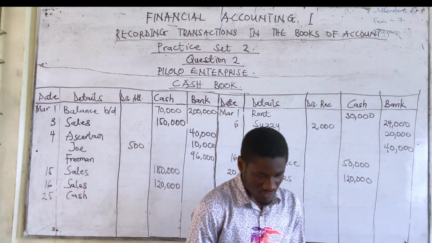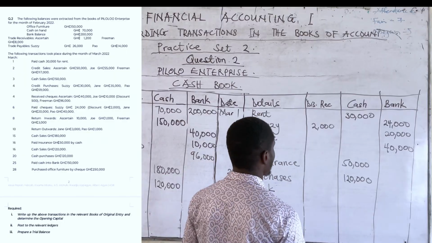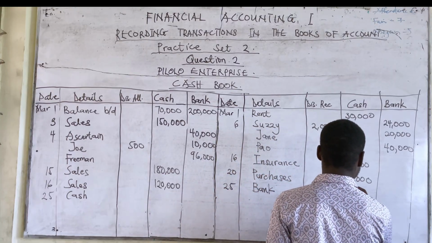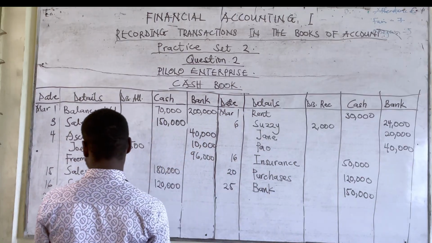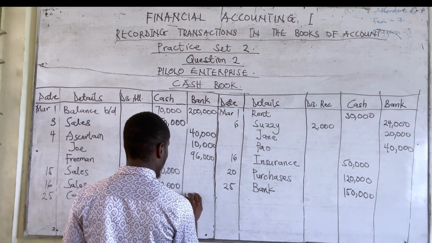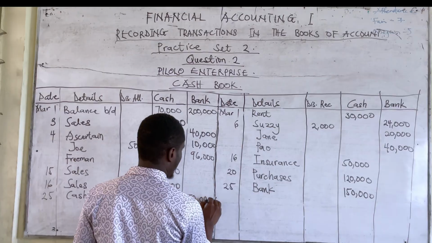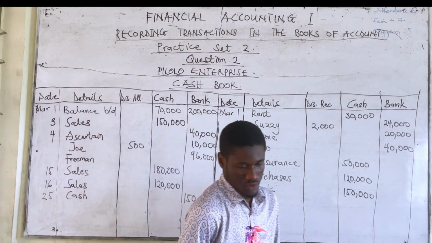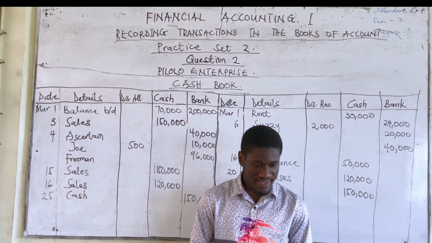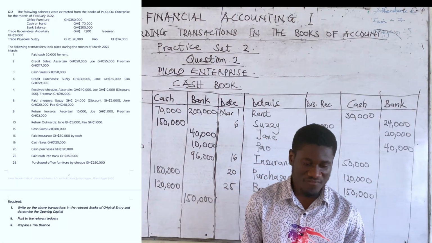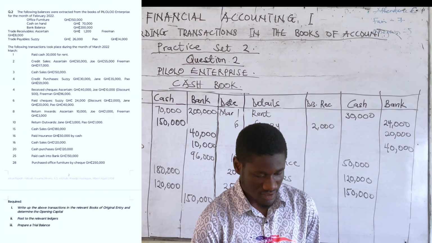So the amount involved is 150,000. Good.